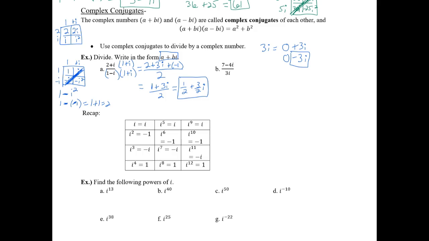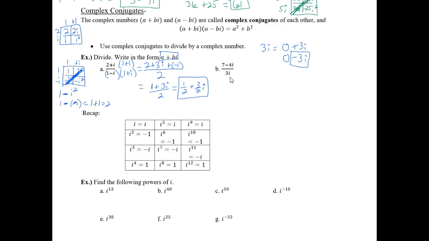But my tip to you is if you only have one term in the denominator, so I only have 3I, there's no plus or minus anything else, I don't have to multiply by negative 3I. I'd be multiplying by that negative 3 in the numerator and denominator, and then it's going to divide out again. So I don't even need to add that.